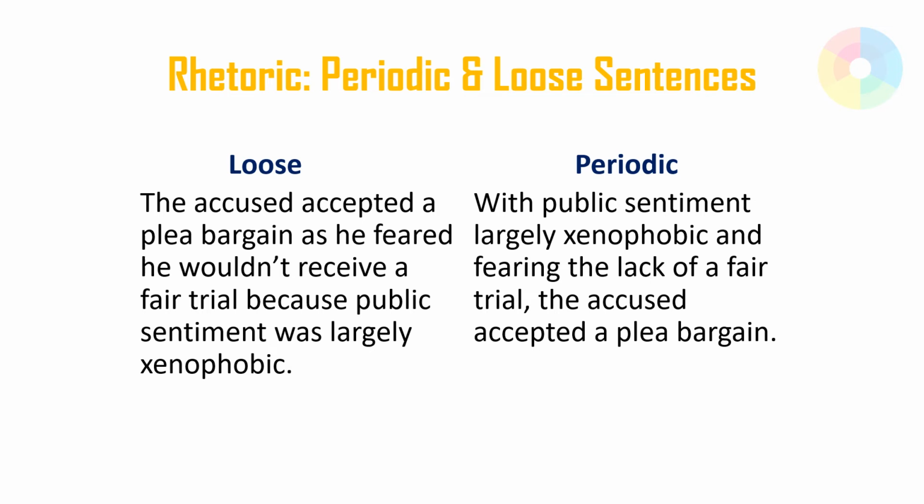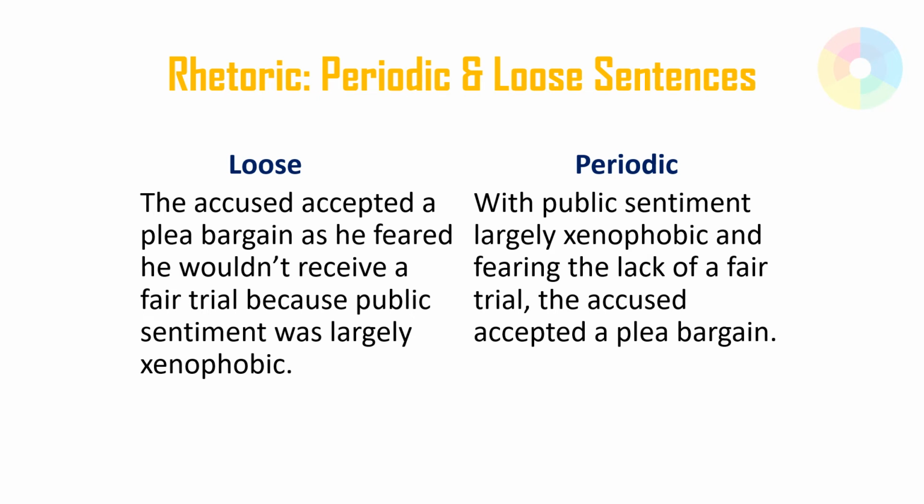Remember, we're not saying that one rhetorical style is better than another. What we're saying is that you should avoid a succession of loose or periodic sentences. Rather, you should have both types of sentences. All right, let's read both examples now.